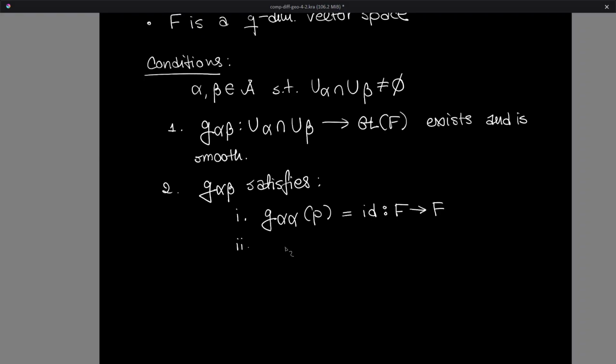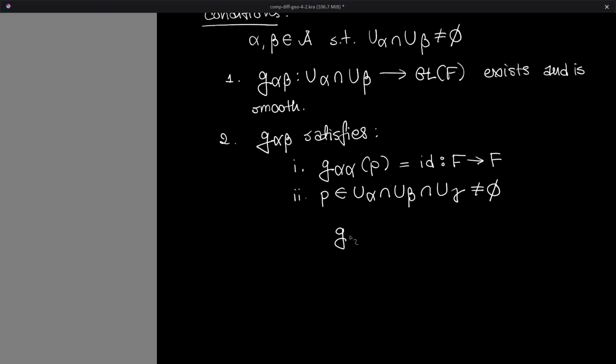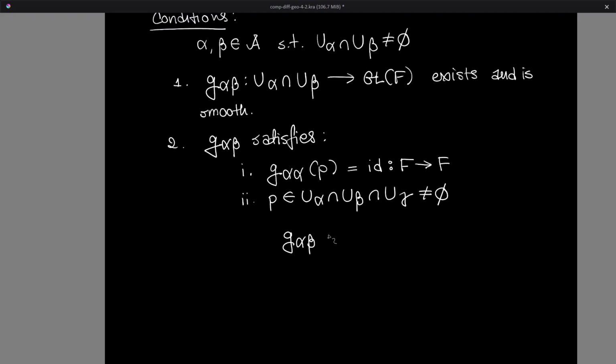And number two is that if p is an element of U_alpha intersection U_beta, and intersect another one, U_gamma, and this intersection is not empty, then g_alpha_beta of p, after g_beta_gamma of p, so all at the same point, is equal to g_alpha_gamma of p.